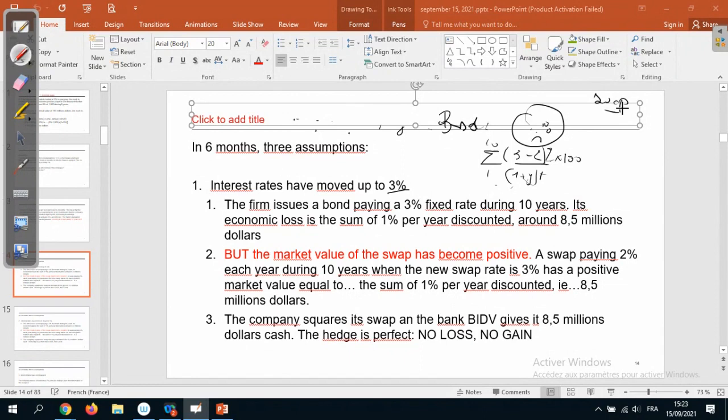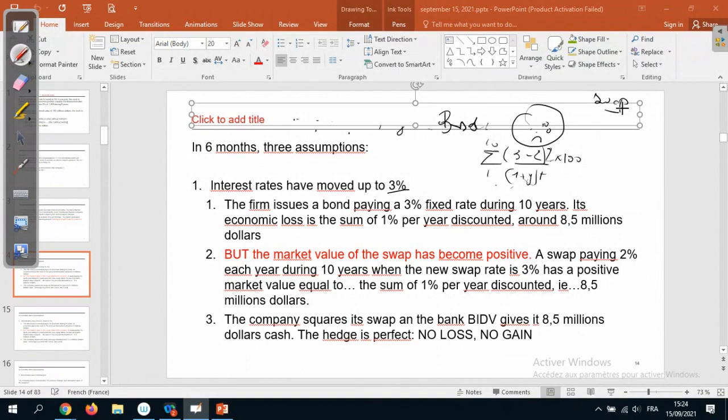You have a swap which begins today because it's a swap starting in 6 months, 10 years maturity, paying fixed 2%. And the market value of your swap has become positive, because you have a swap paying 2% during 10 years, and the new swap pays 3% during 10 years.